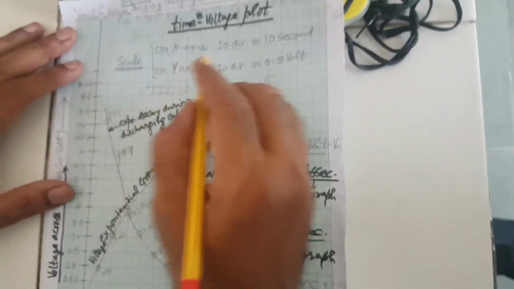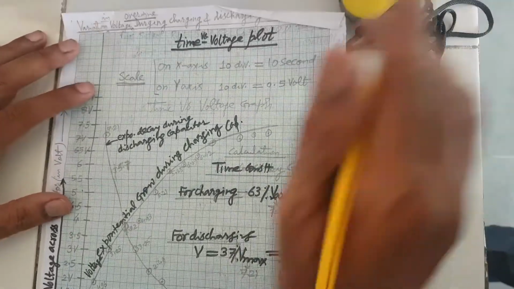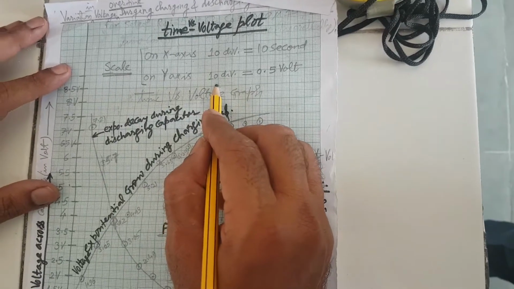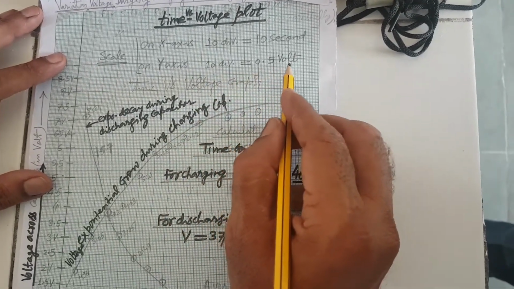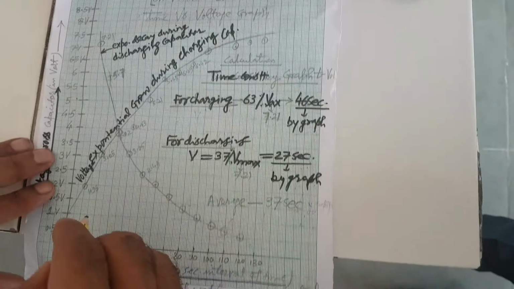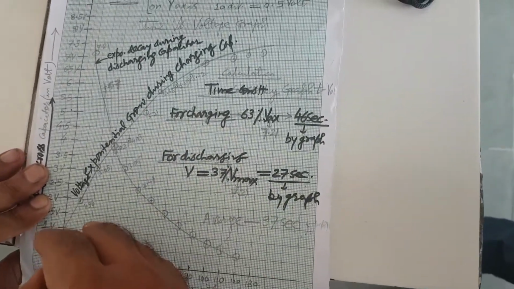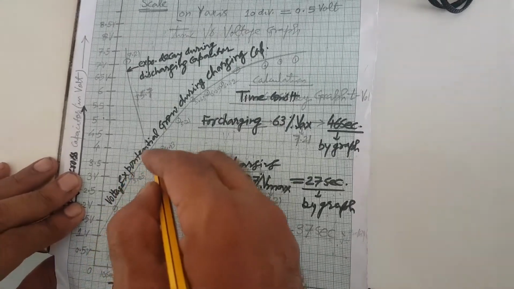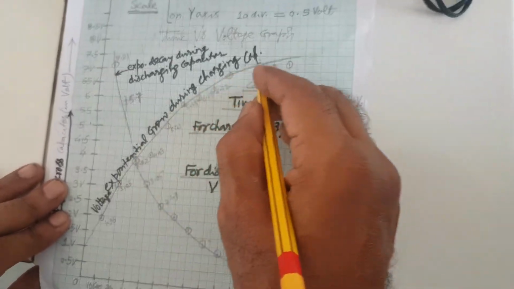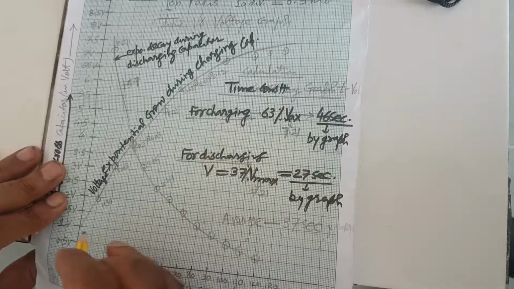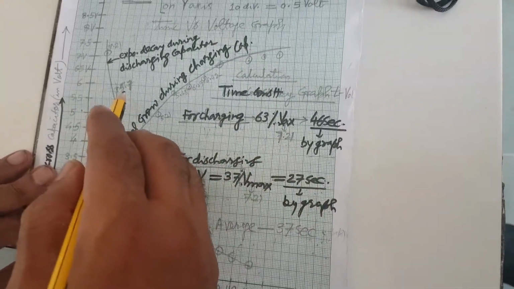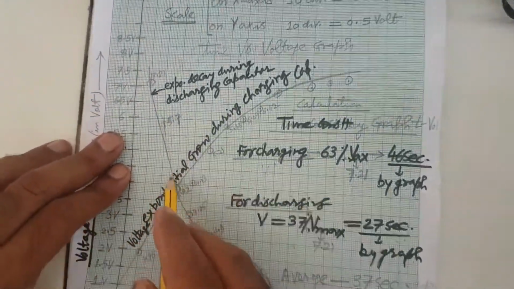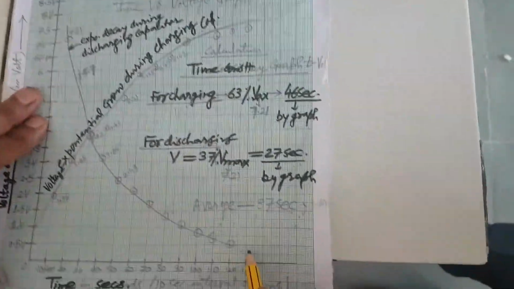The scale on the x-axis is 10 divisions equal to 10 seconds, and on the y-axis 10 divisions equal to 0.5 volt. The graph shows the voltage growing exponentially during the charging of the capacitor, and decreasing exponentially during the discharging of the capacitor.